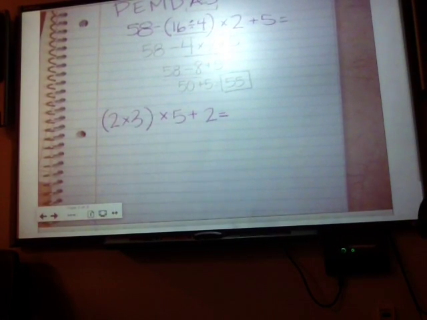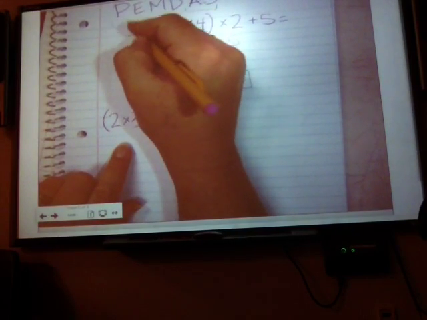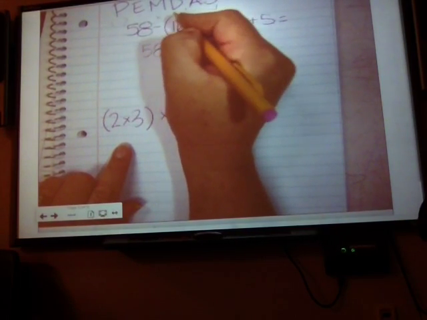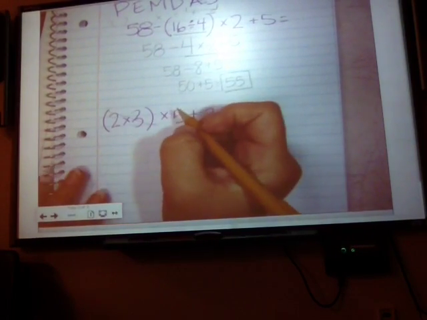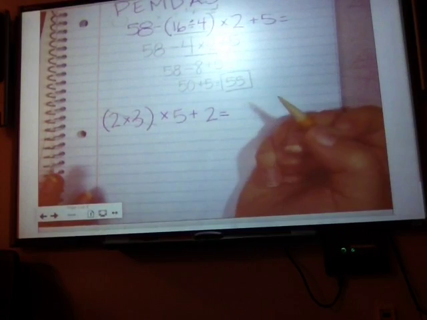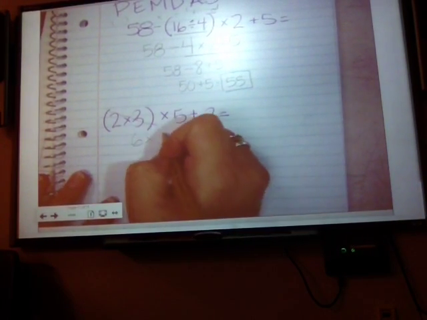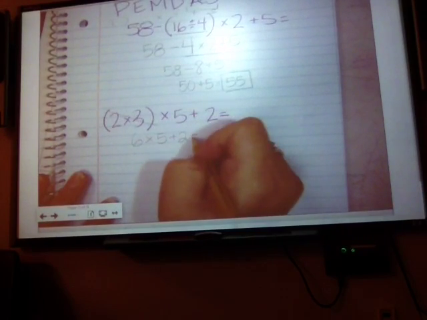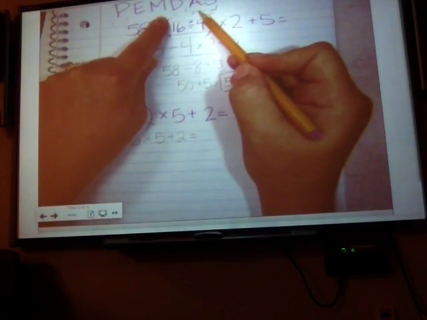All right, so again, looking at my PEMDAS, I do have parentheses. Please excuse my dear Aunt Sally. So I do my parentheses first. It doesn't matter what's inside. I'm going to bring that down. That gets me 6. I'm going to bring what else I have left. I now have a multiplication and an addition.